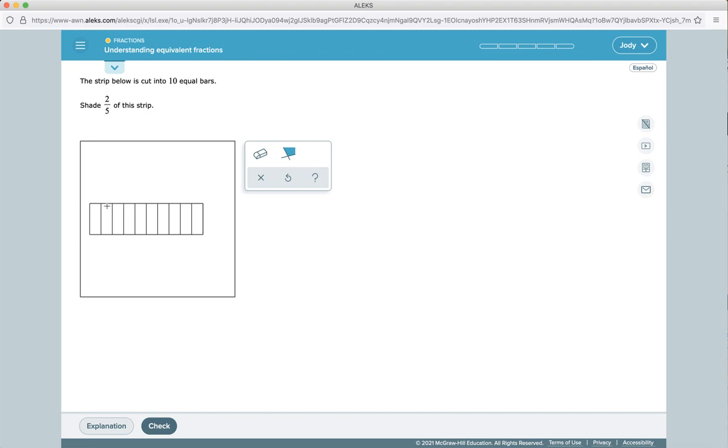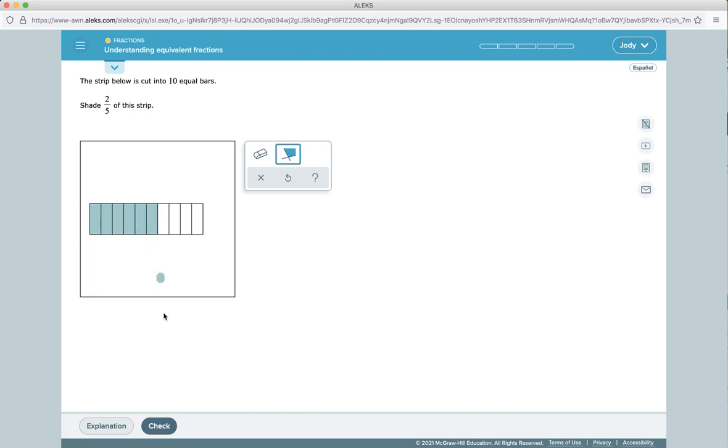That means that each area of 2 bars is going to be 1/5 of the strip, because 10 divided by 5 is 2. So every 2 bars is going to be 1/5, and this would be another 1/5. So now I do have 2/5 right here.